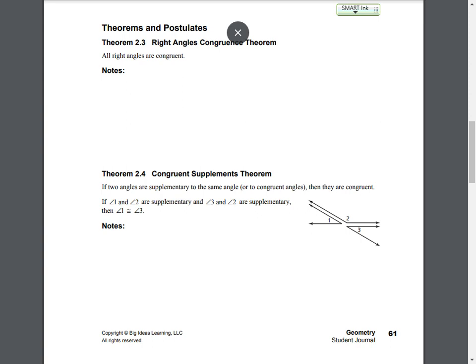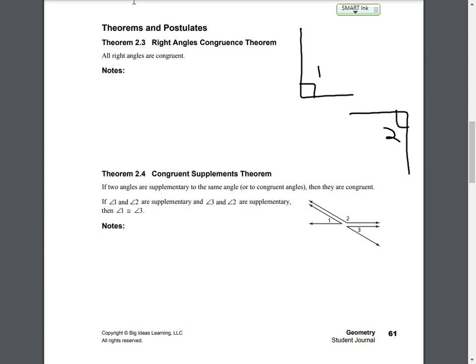Theorems and postulates. Right angle congruence theorem. All right angles are congruent. Let's start with 2 right angles. There's a right angle, there's a right angle. We'll say this is 1, this is 2.